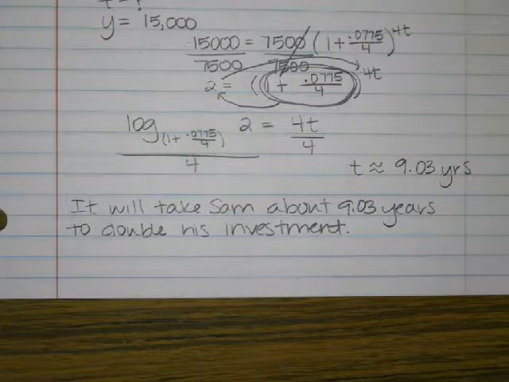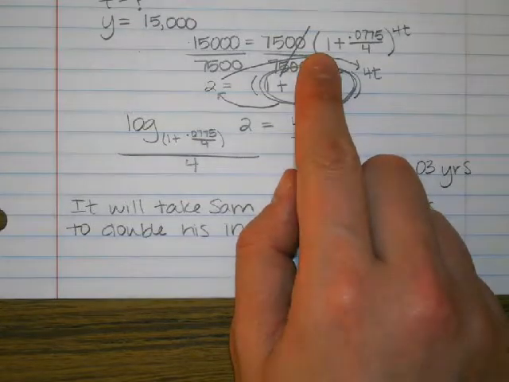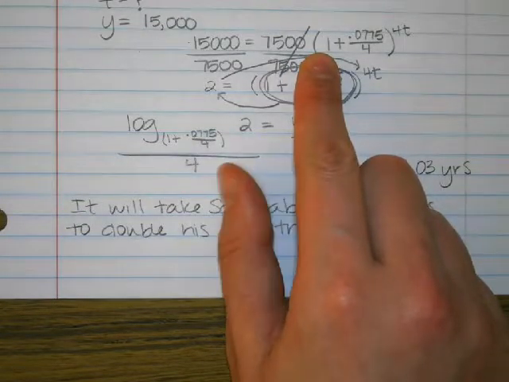We divided the 7,500 because it's multiplied by the parentheses, right? Yes. So this operation right here, when they're written right next to each other, it means multiply. So to undo it, you divide.